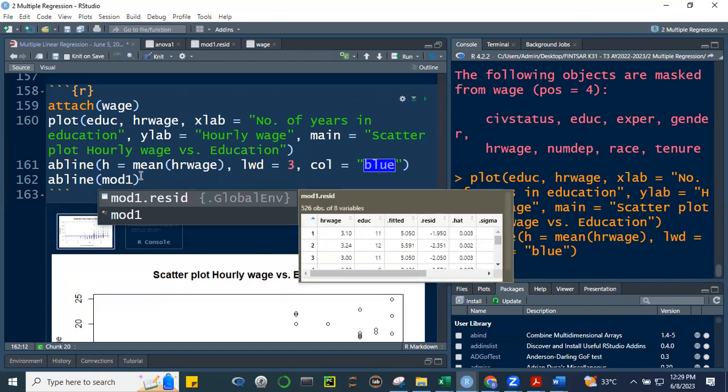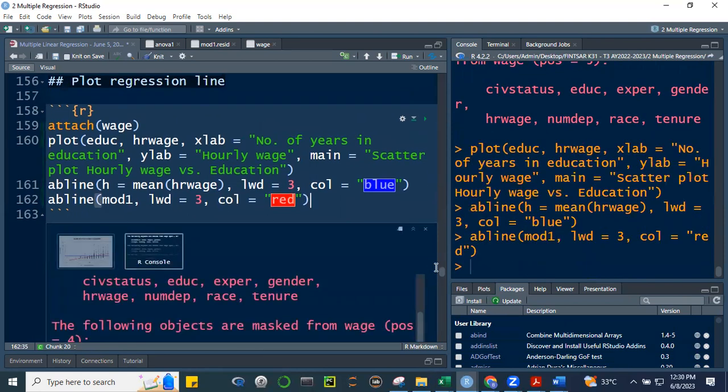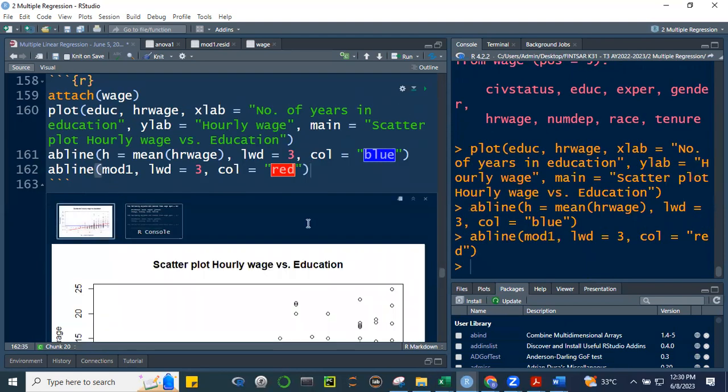Or you can do this LM, tapos hourly wage regressed on etc. No? And then gawin din natin ang line width natin, gawin natin 3. And then ang color natin is equal to red para maiba lang siya din. Okay, what are we doing now? We're asking R to also draw mod 1, your regression line. So kung i-run natin to sabay-sabay, okay, what do we now have?